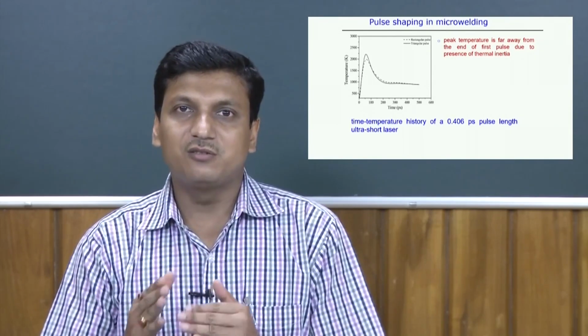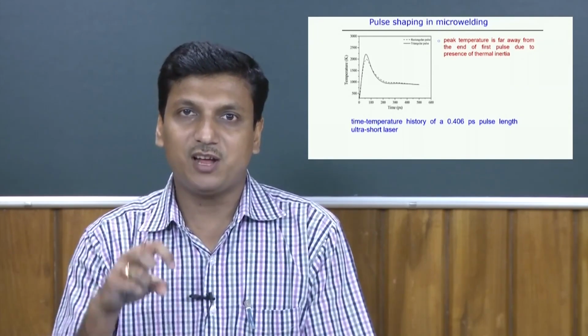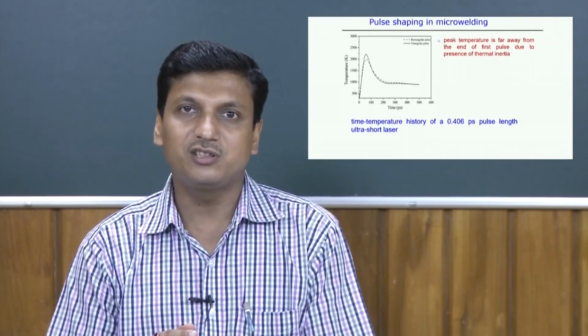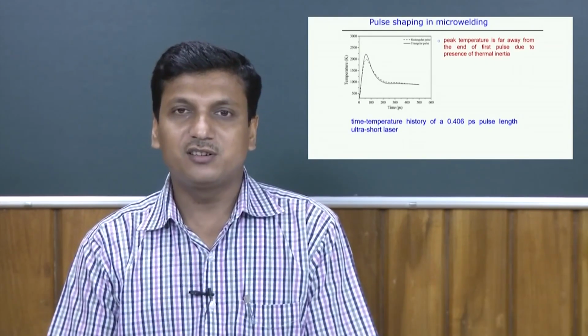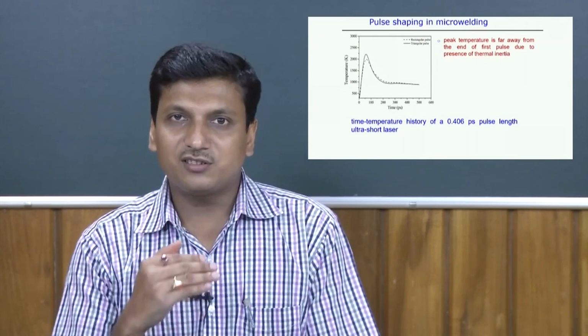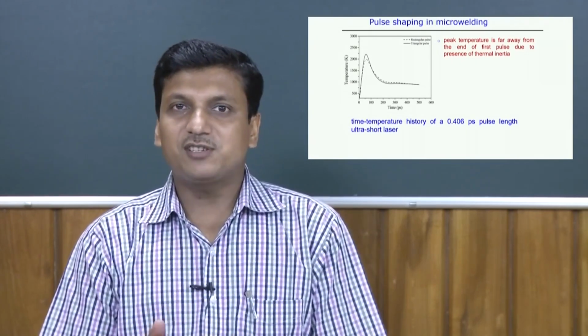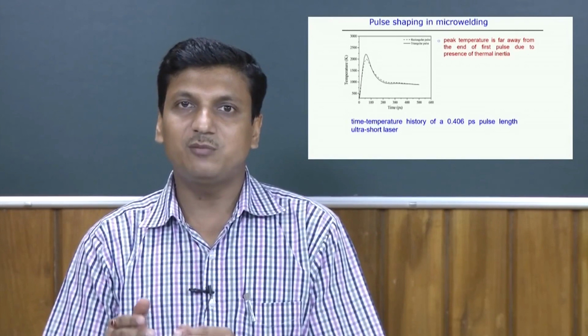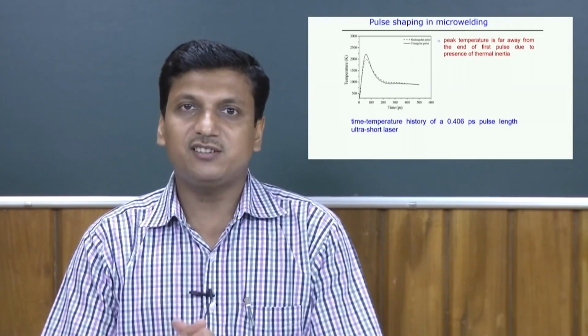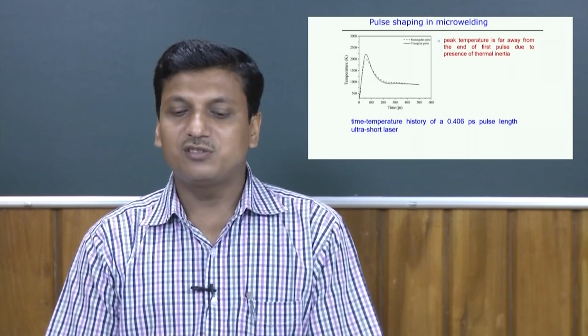There is no lag or gap between the application of the flux and the development of the temperature within the body. That is the basic assumption in case of Fourier heat conduction. But when you use the ultra short pulse laser, there may be some gap between the application of the heat flux and the development of the temperature within the body. That gap is characterized by the relaxation time for the specific material.